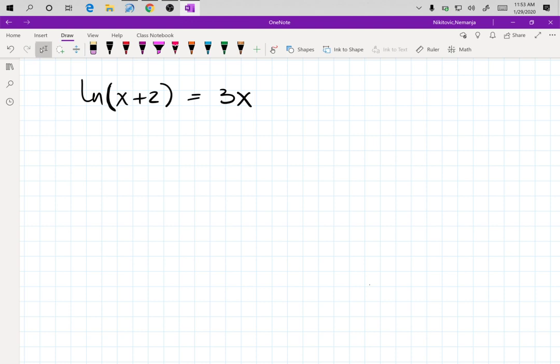Now why? Well, let's think about it. If you are to attempt to solve this, how would you kill off that ln? Obviously with e, right? So you would kill this with e, and then you will finally free up that x on the left side. What have you done with the x on the other side? You buried it into e. Well, that's not a big deal.